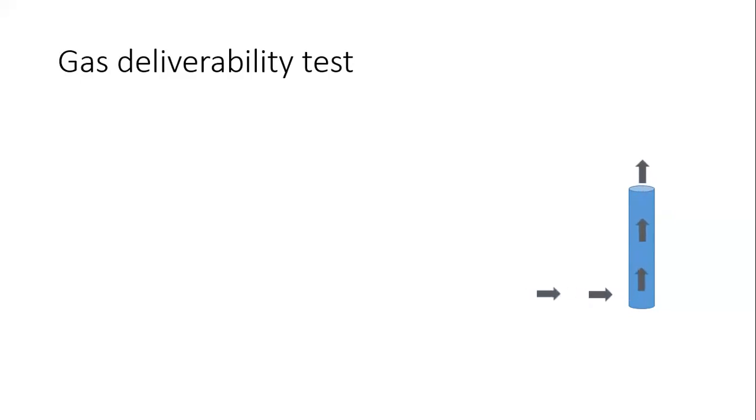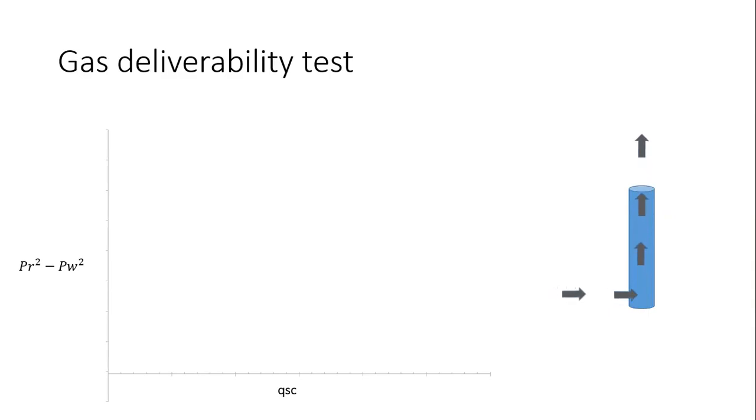So we need to construct a graph with x and y axes. On the x axis, we take the flow rate of the gas at standard condition, and the y axis is the differential squared pressures: PR square minus PW square, that is reservoir pressure square minus wellbore pressure square. This is the differential value. It is not simply the value of PWF, it is the difference PR square minus PW square.